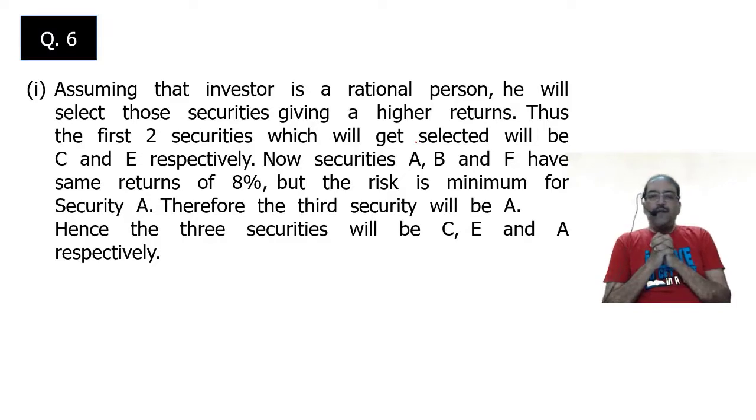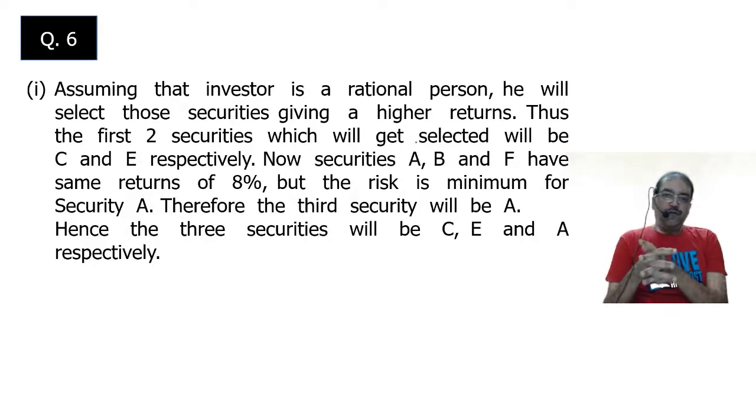The second part of the question says, should we invest by making a portfolio of A and C in the ratio of 75-25? Or should we invest entire amount in security E? Again, that will be decided on the basis of returns. If by forming a portfolio I get higher returns, I will invest in the portfolio.